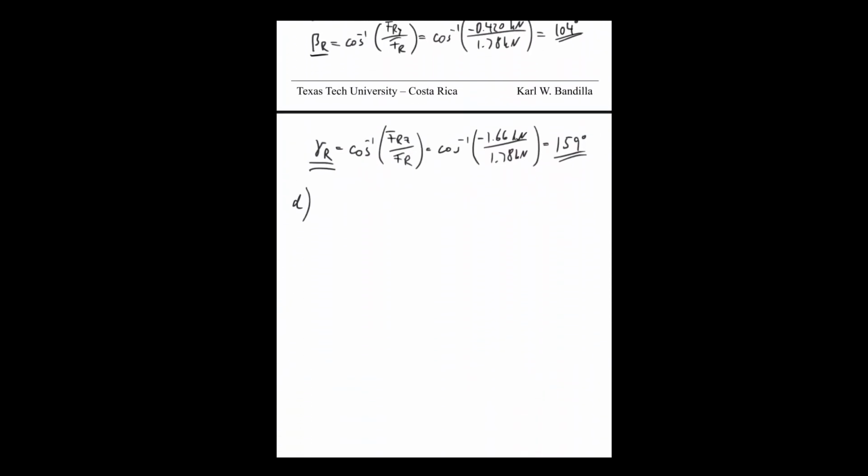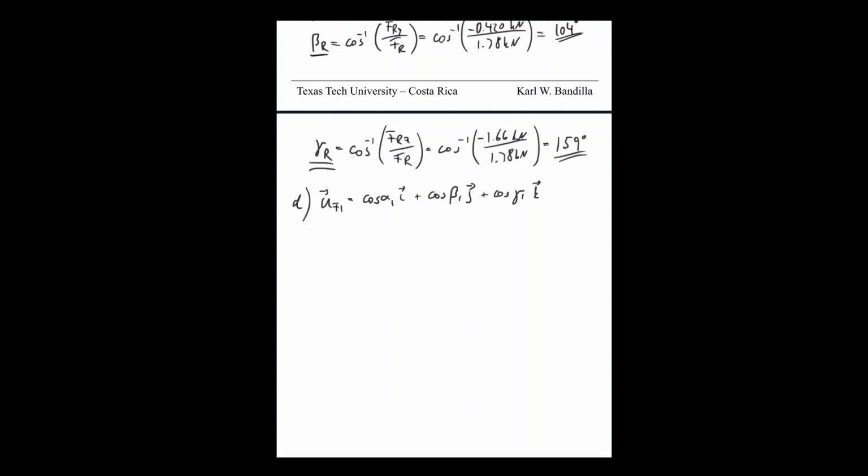So we can say that UF1 is going to be just cosine alpha 1 I plus cosine beta 1 J plus cosine gamma 1 K.